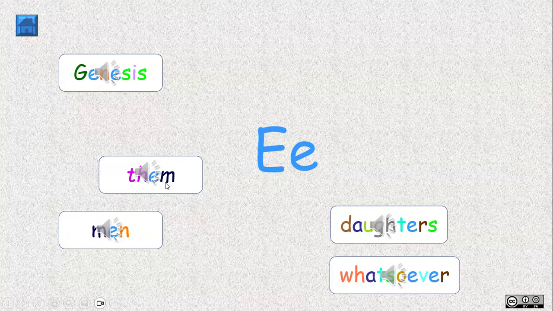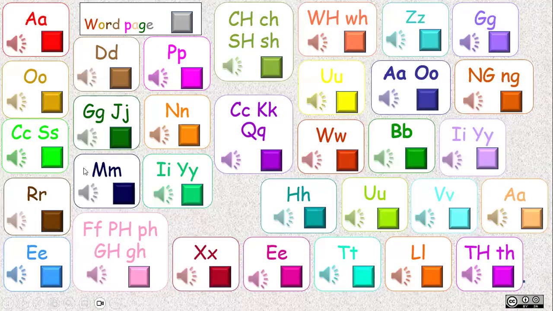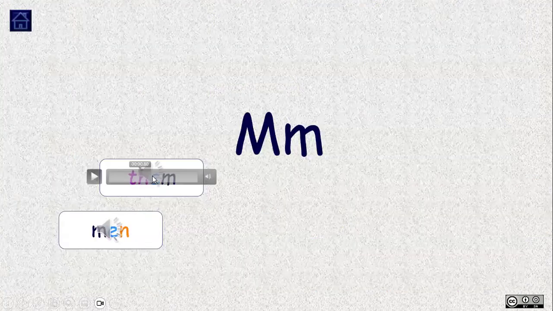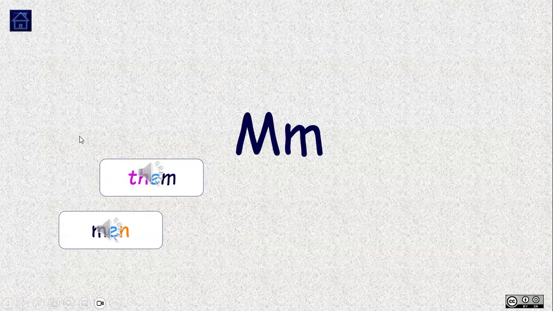The next sound is that very dark blue M. Find it here. It says mm. And go to the page where we will find all of it put together to say them. Them. Very good.